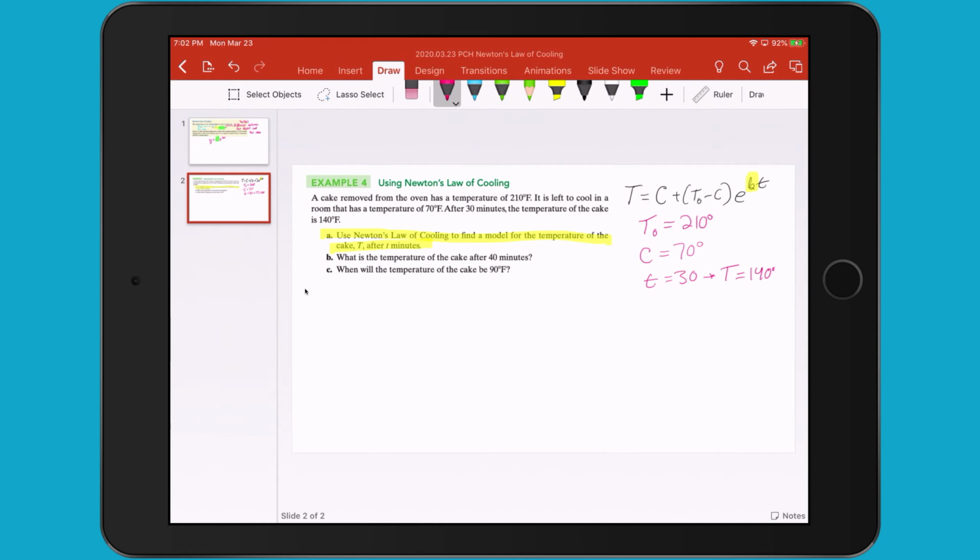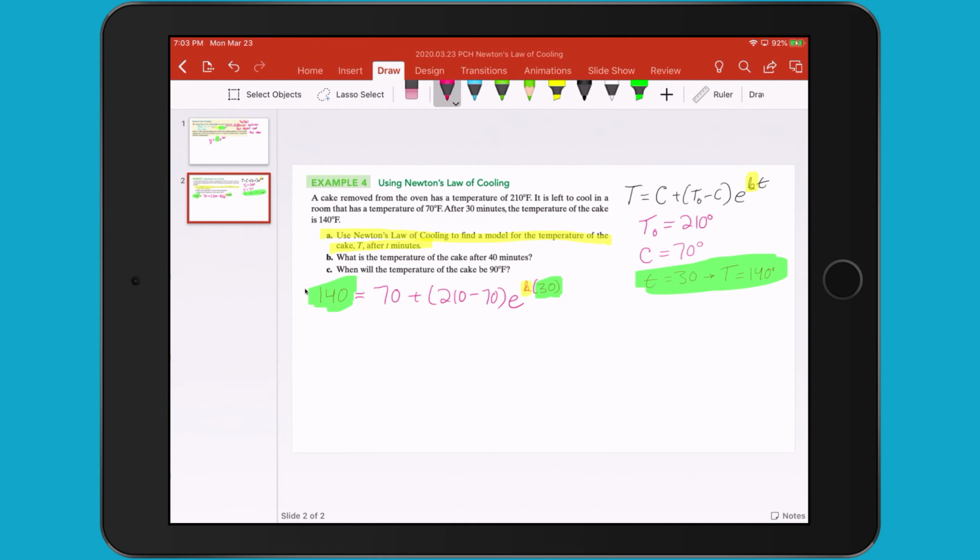Okay, so I'm going to start plugging in that the cake was 140 degrees, down from 210, in a 70-degree room, plus we have to find the difference between the original temperature of the cake and the 70-degree room, and that's our coefficient in front of e raised to the k, but in this case, instead of t, we're going to write 30 because they gave us this initial information, and I'm plugging that in to solve for my k value.